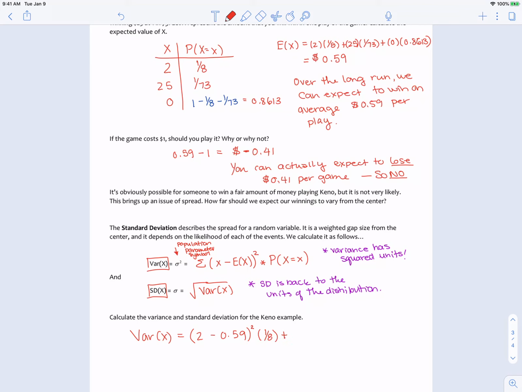Then we're going to go to the next value, so plus 25 minus the expected value, 0.59 squared, times the probability of occurring. Plus, now in this case, we do need to keep our zeros, right? This isn't going to disappear because we're doing 0 minus 0.59 squared times its probability of occurring, 0.8613, right? 86% chance of actually losing, not winning anything.